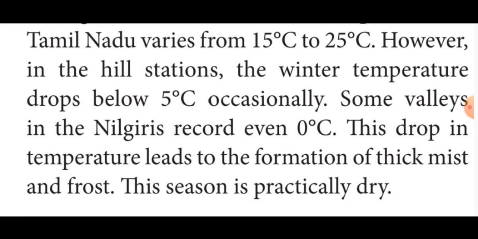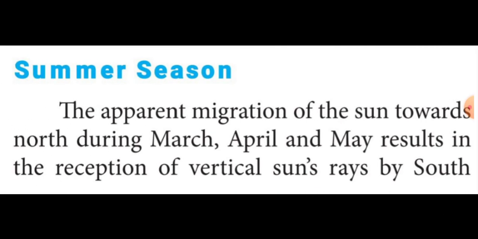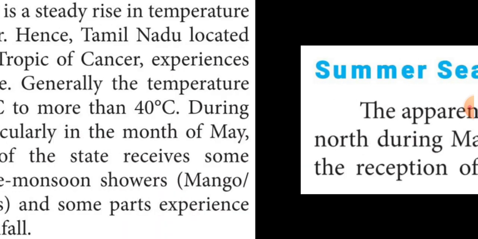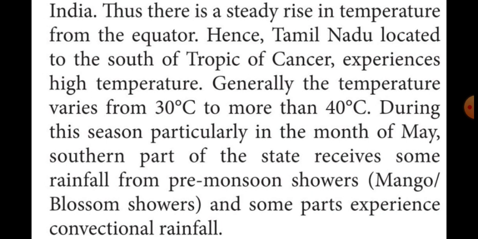Okay, then the second season is the summer season. The summer season occurs during the months of March to May. The sun migrates towards the north during the months of March, April and May.